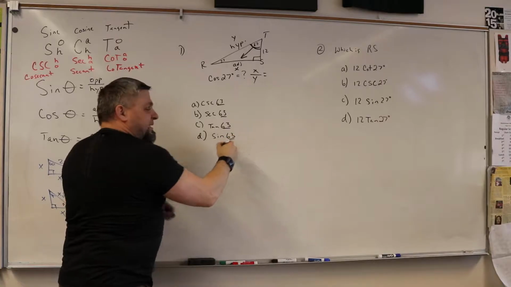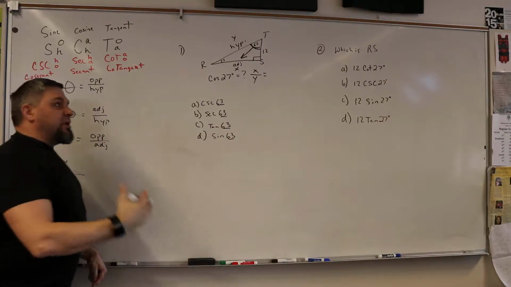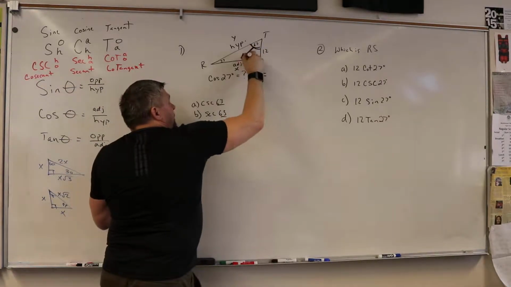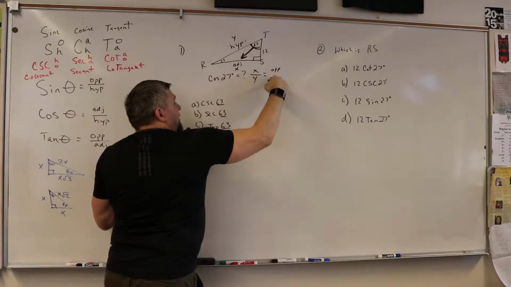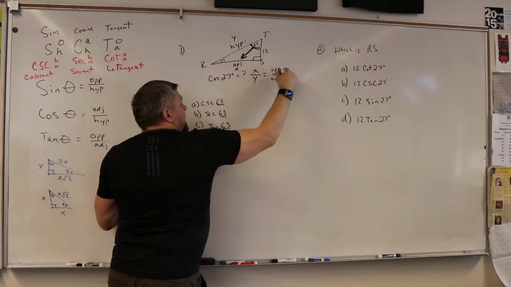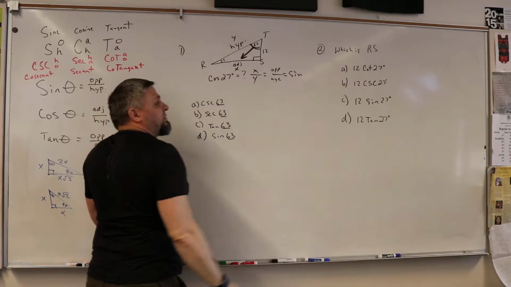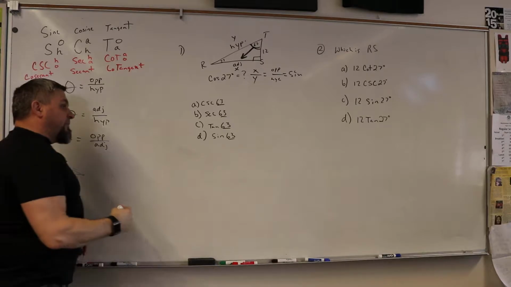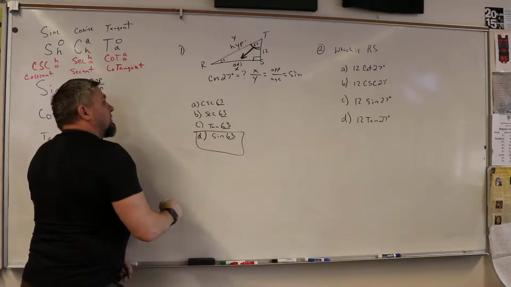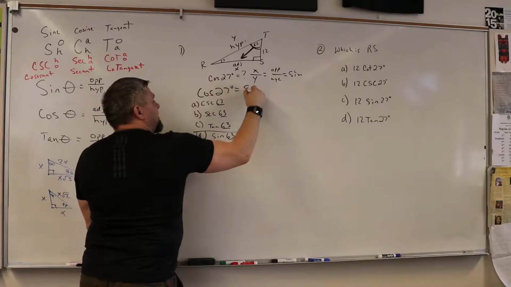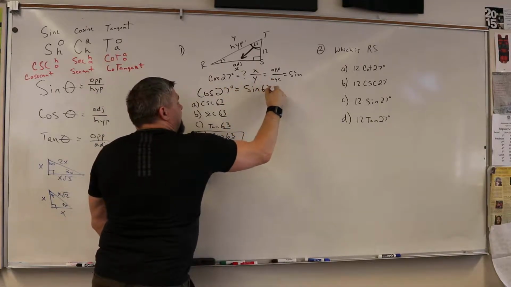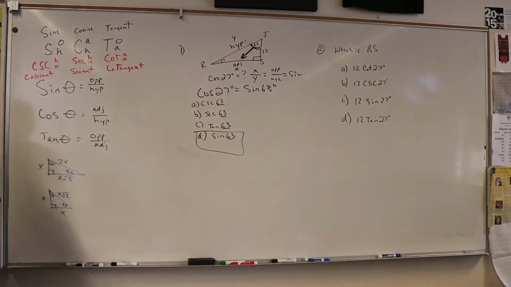So the 63 degree point of view is saying, opposite over hypotenuse is equal to sine. So therefore, we're looking for the sine. So the cosine of 27 degrees is equal to the sine of 63 degrees. And that's what they're trying to get you to see. Does that make sense?